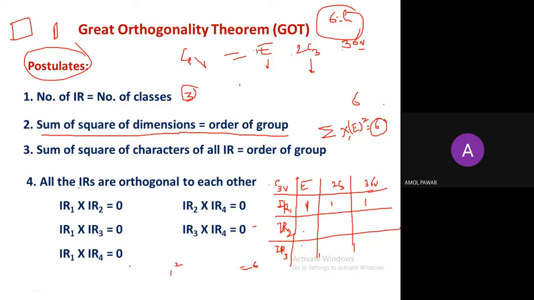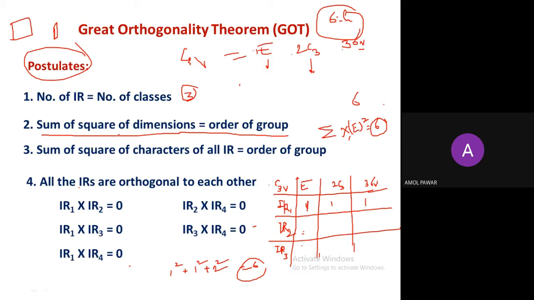Already 1 is here, so 1 square plus. Which values do I have to write for character 2 and character 3? 1 and 2. Very good. 1 square plus 1 square plus 2 square is equal to 6.